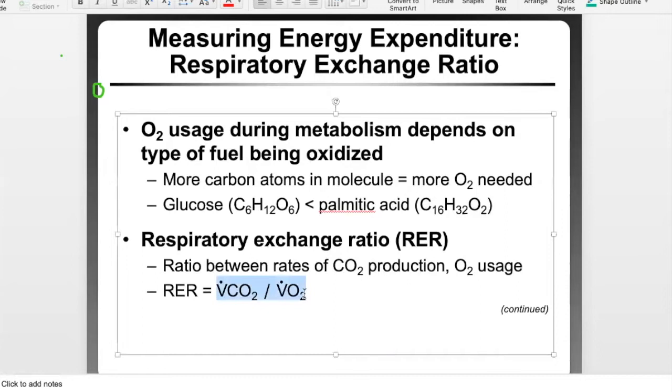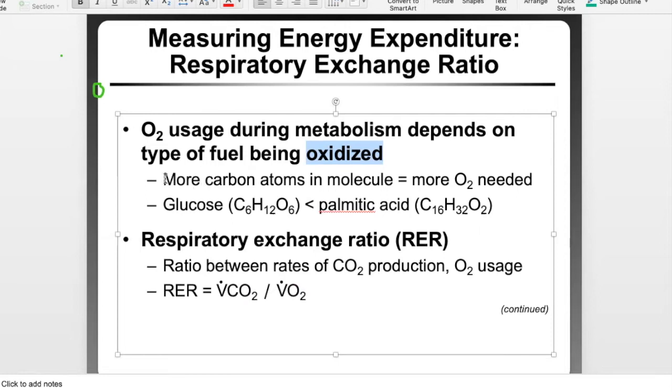So what do those values mean? Well, depending upon what's being burned as fuel or oxidized, remember oxidation, and this is only talking about carbohydrate, protein, and fat with the presence of oxygen inside the mitochondria. So this is slow glycolysis.